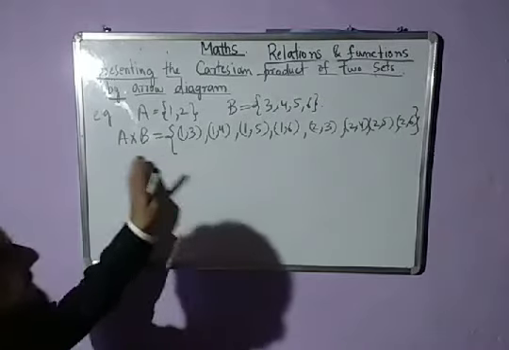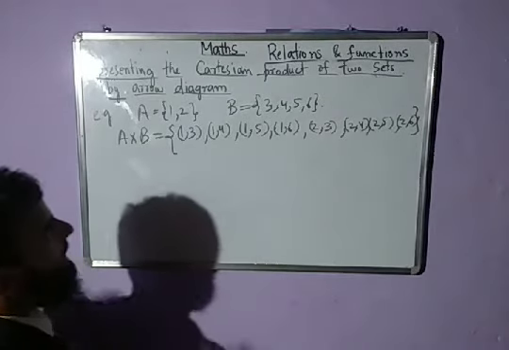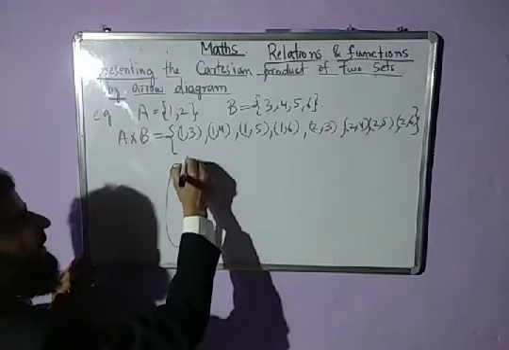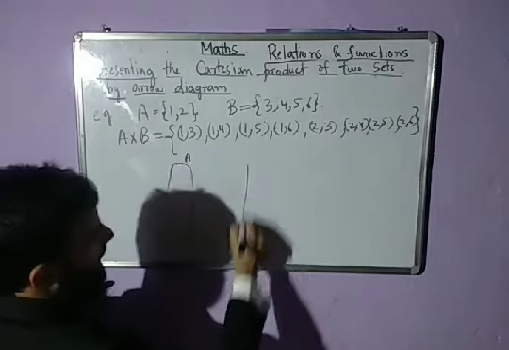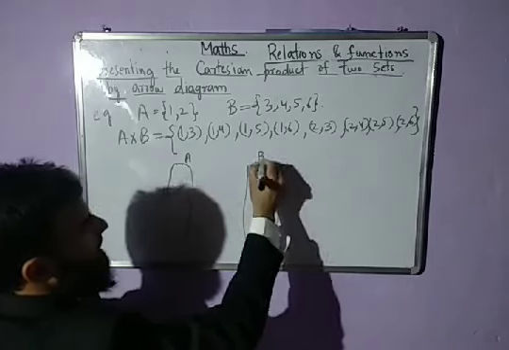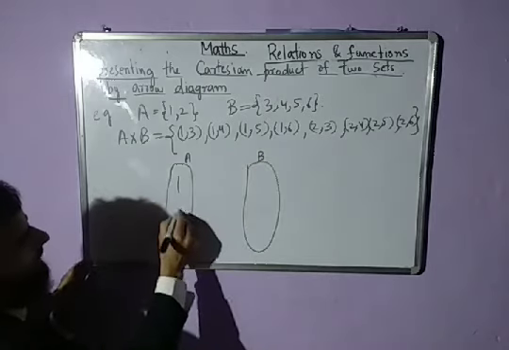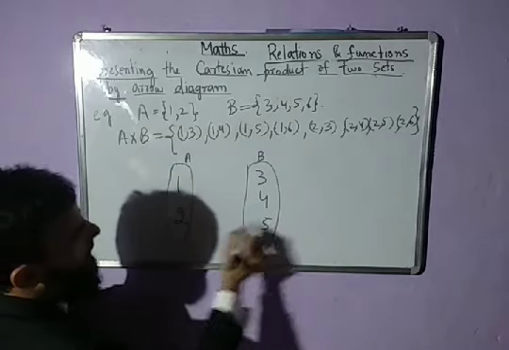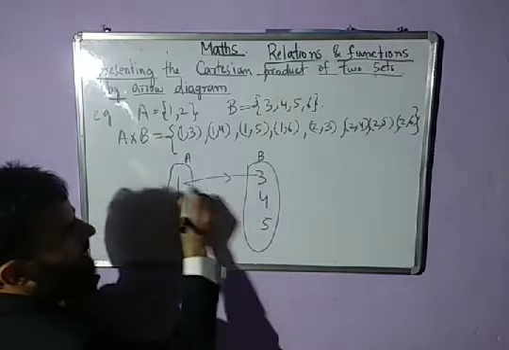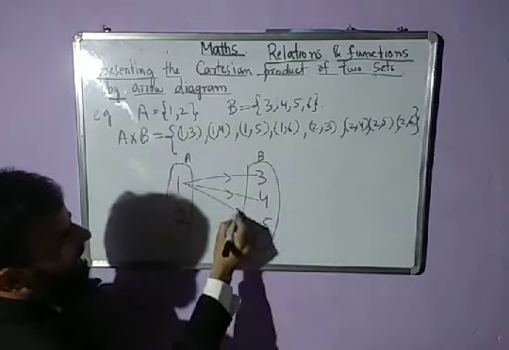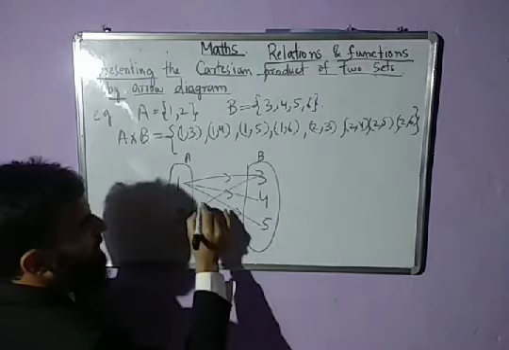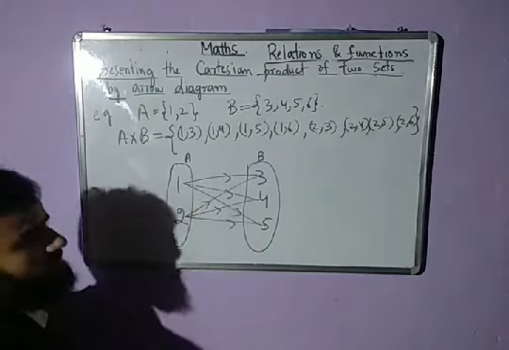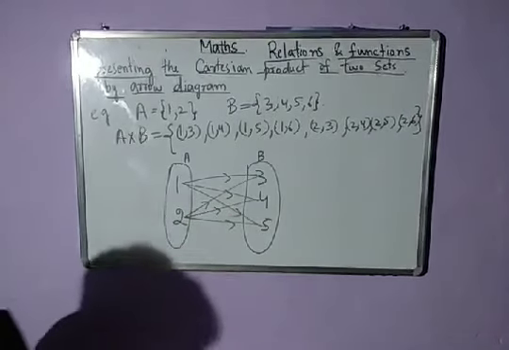And one can represent A cross B by using an arrow diagram also. This is our set A and this is our set B. In set A we have 1 and 2. In set B we have 3, 4 and 5. And 1 is related to 3, 1 is related to 4, 1 is related to 5. 2 is also related to 3, 4 and 5. This is the Cartesian product A cross B.